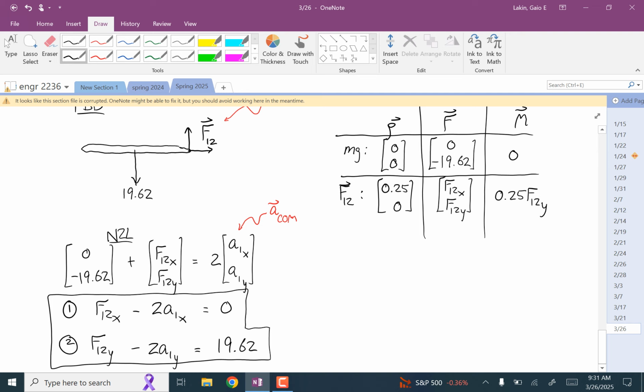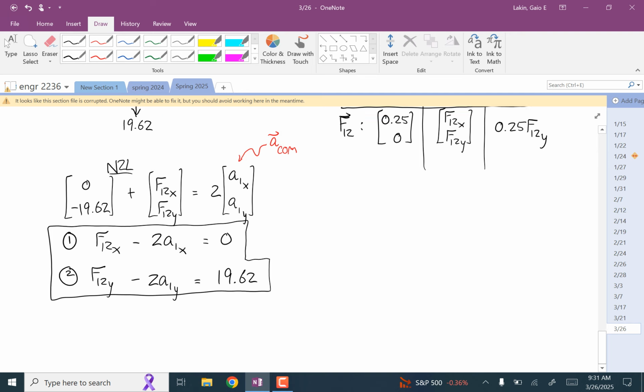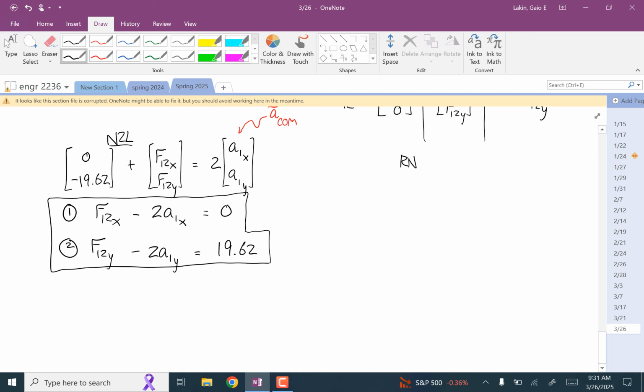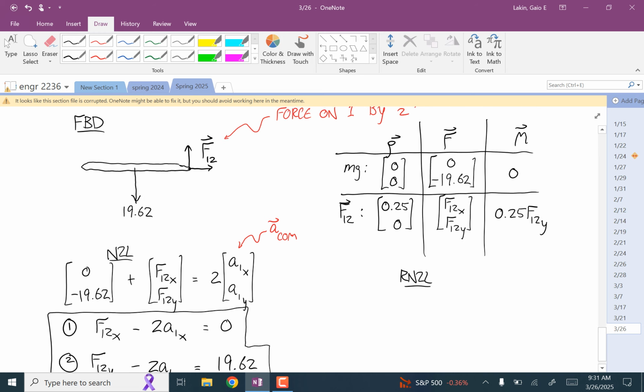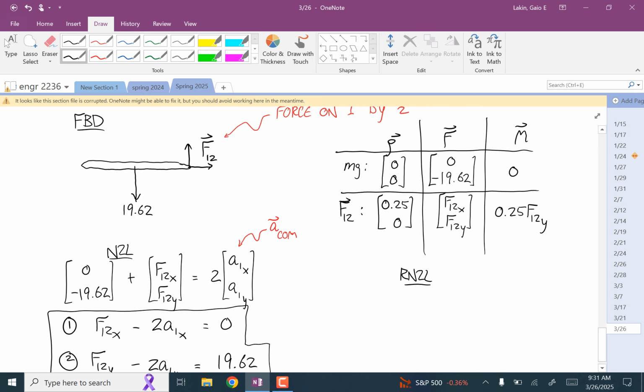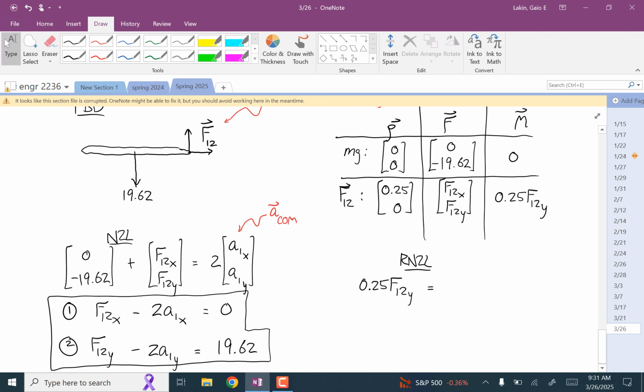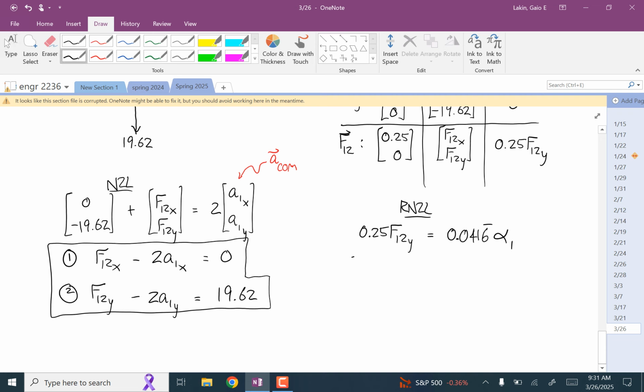So now we'll go to the moment equation. And that says 0 plus 0.25 F12y is equal to the moment of inertia times the angular acceleration of body 1. And that gives us our third equation.